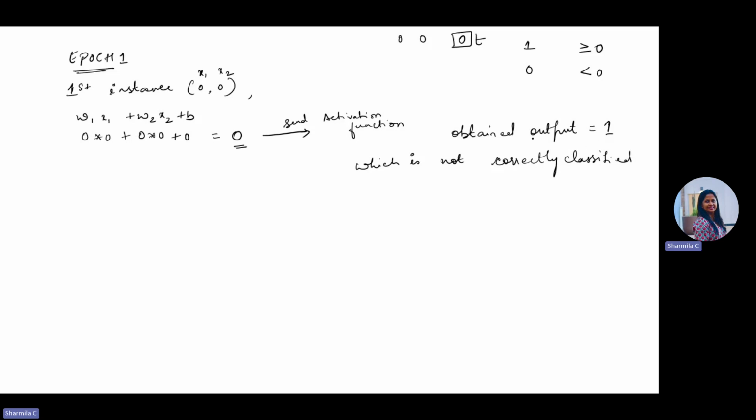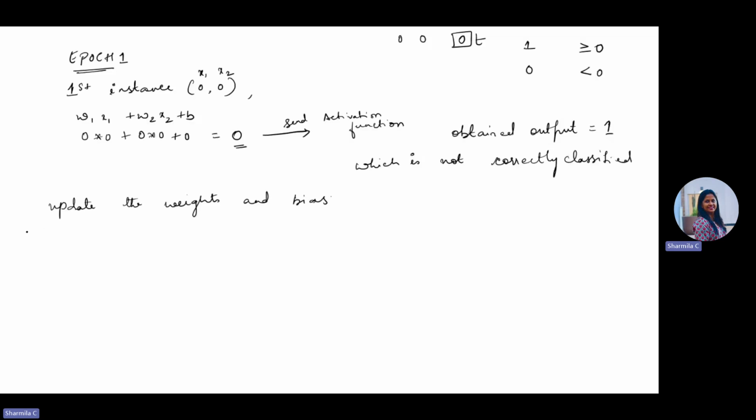Because T minus the obtained output, that is O, is not equal to 0, we'll update the weights and the bias value.